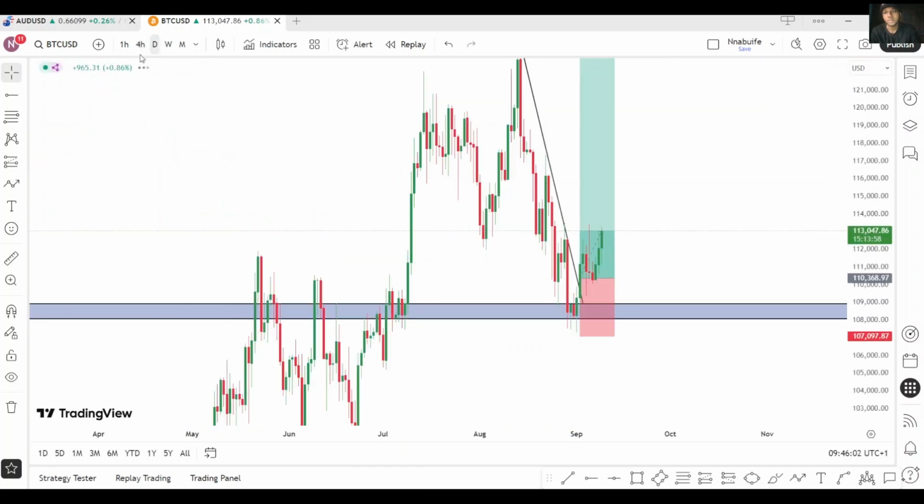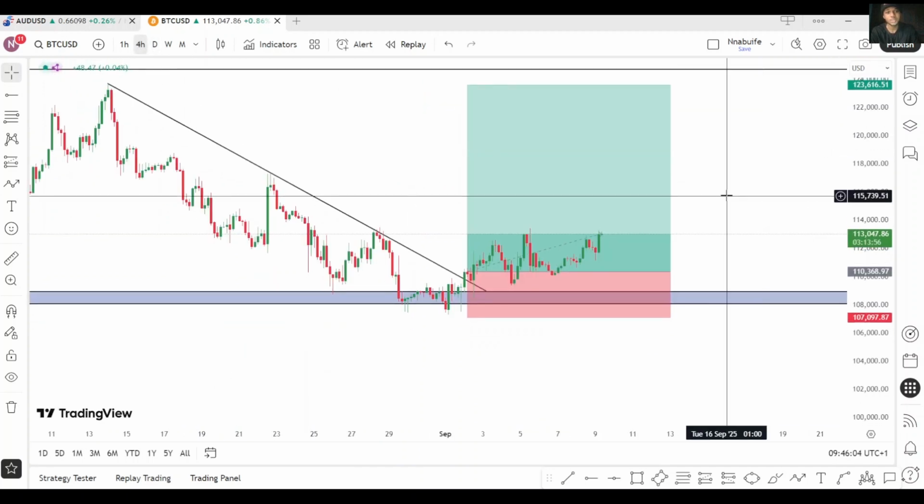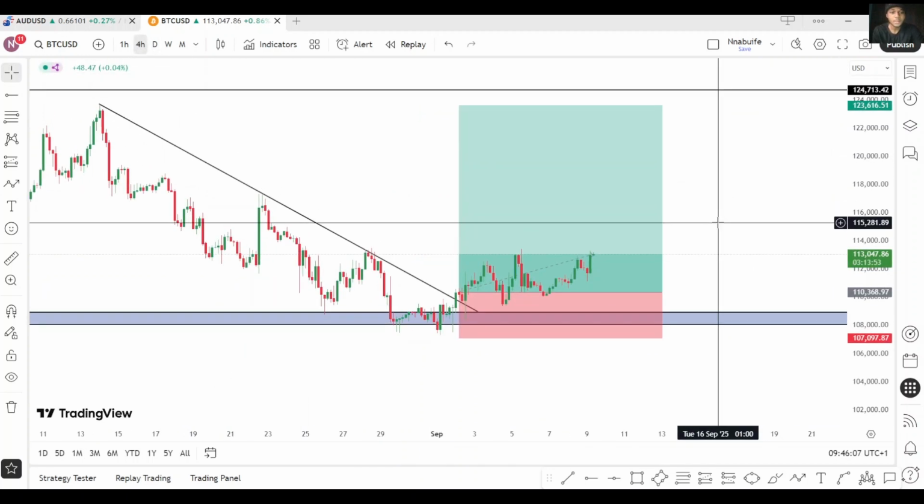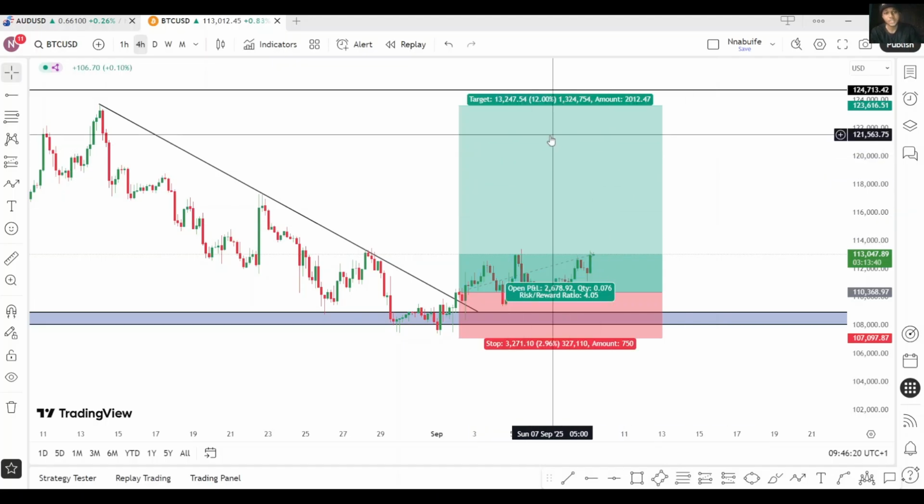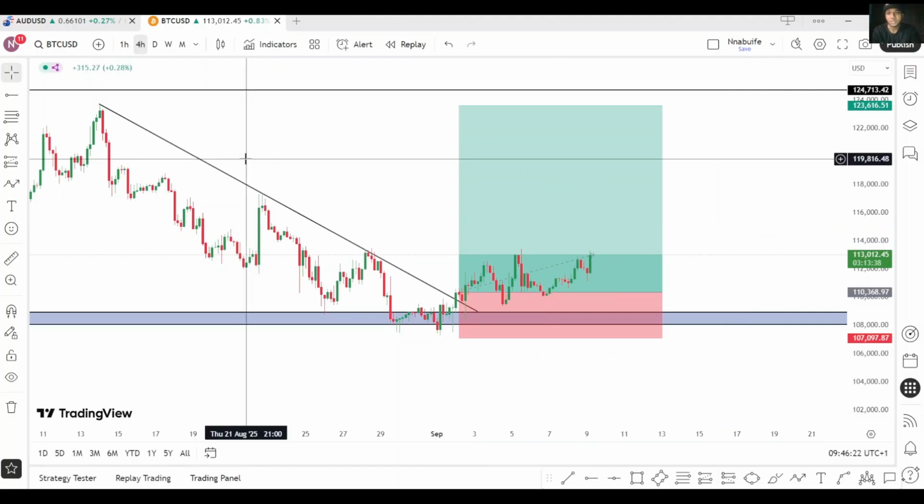I must also point out that anything can still happen in this market. Because I'm in a trade doesn't mean that it will actually work out. The price can still come back to this point and slice back and stop me out. But for me, I'm still going to keep my bias.